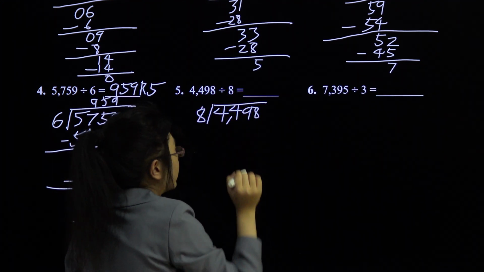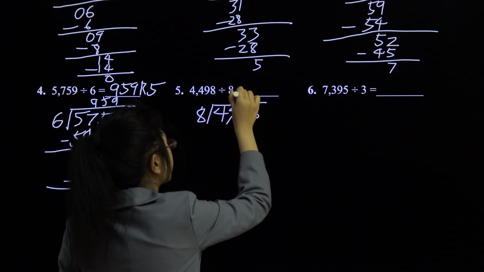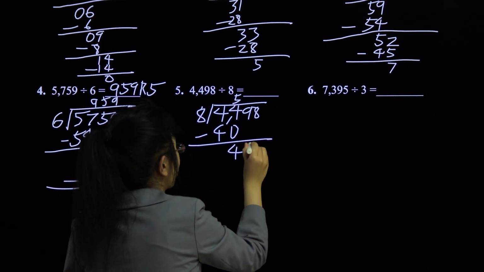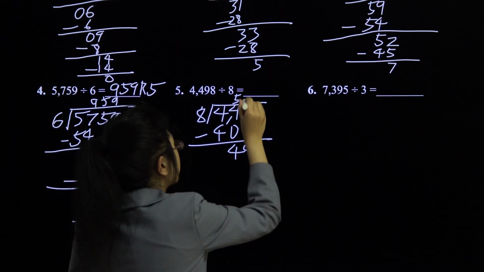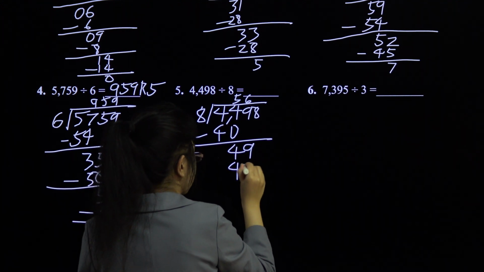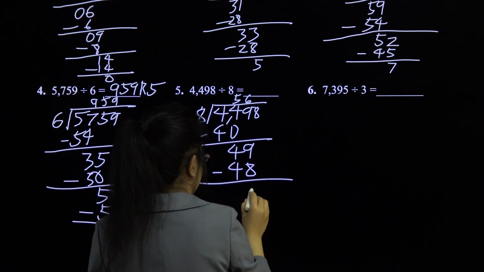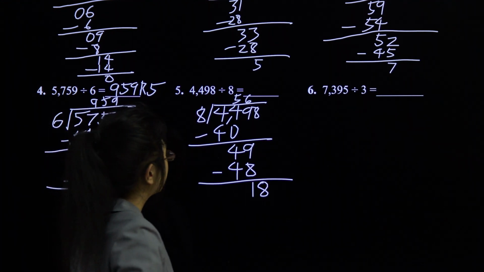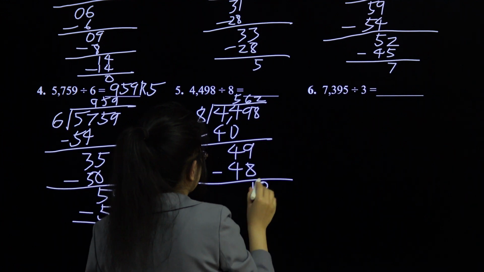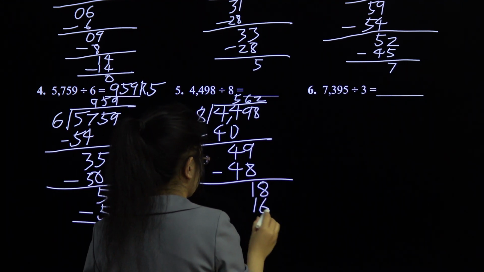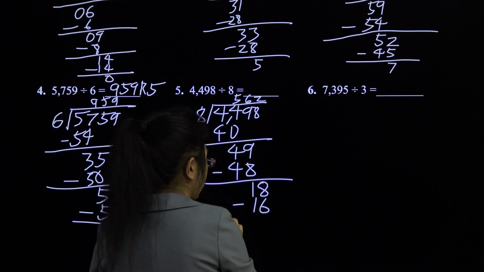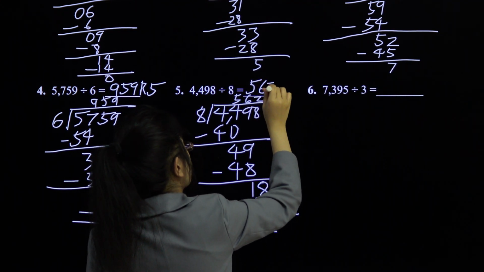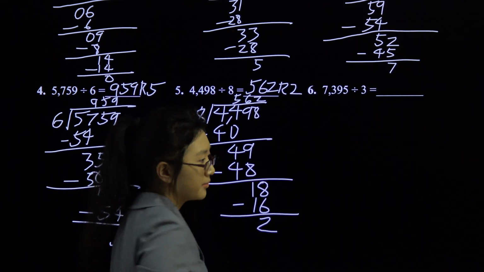So 8 does not go into 4, but it does go into 44 5 times. 44 minus 40 is 4, and then you drag down the next digit, and then you do 6 times 8, which is 48. 49 minus 48 is 1, and then you drag down the next digit to get 18, and then it's 2. 2 times 8 is 16. 18 minus 16 is 2, the remainder is 2. 562 remainder 2 is our answer.